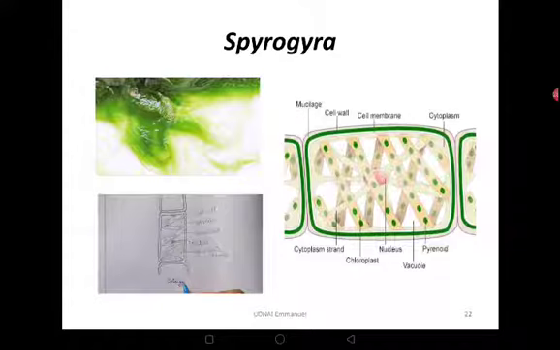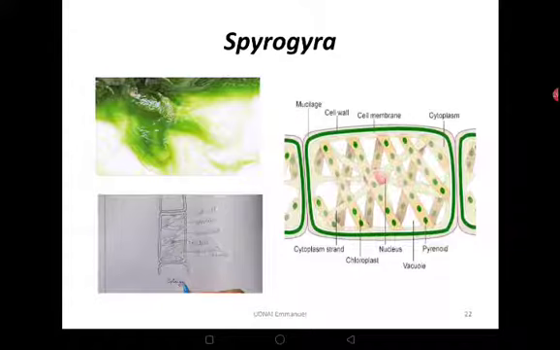We can move clockwise from the mucilage. The mucilage is just that mucus layer on top of the cells. When you touch it, it's very slippery. It's usually for protection and also for sticking together. Very many filaments do stick together so as to withstand harsh environmental conditions.